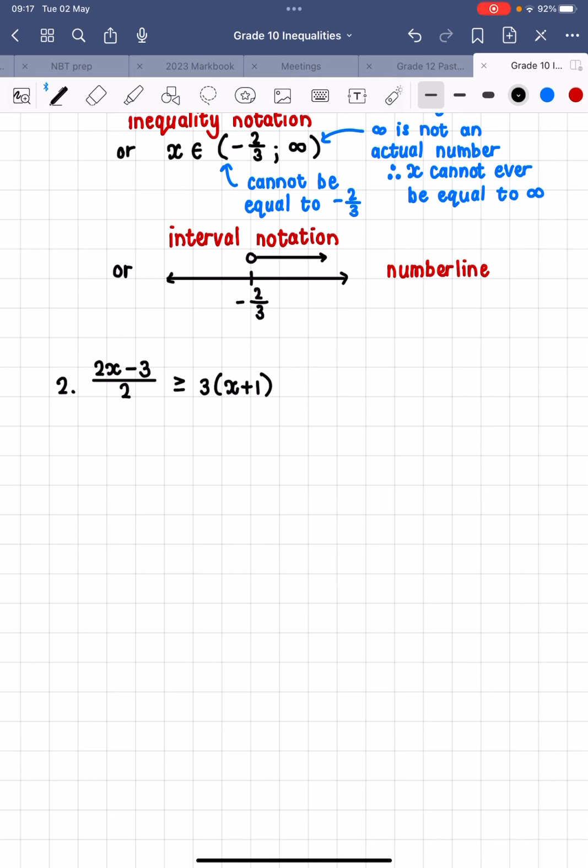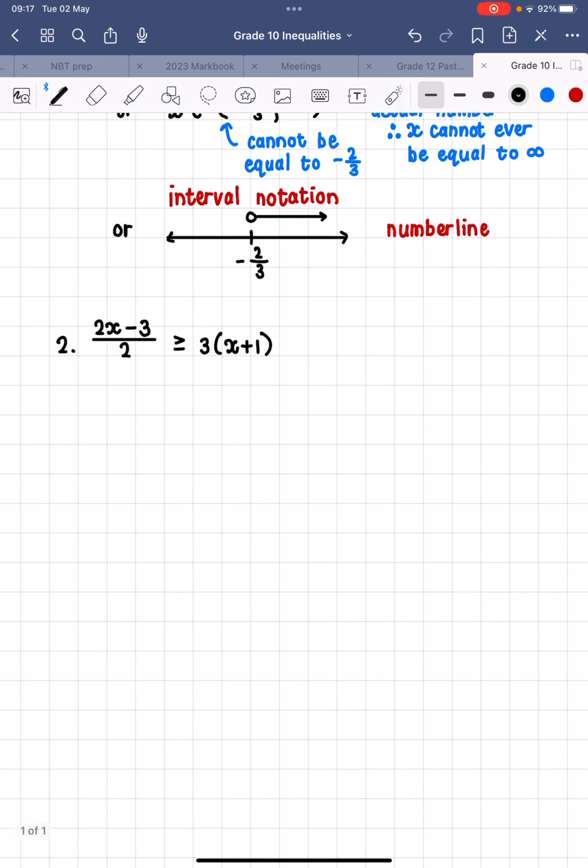All right, this one is obviously a bit more complicated than the one that we started with. What do you guys want to do first? Multiply out the bracket.